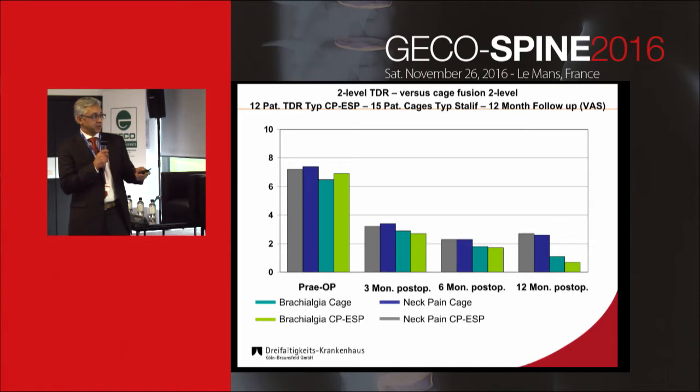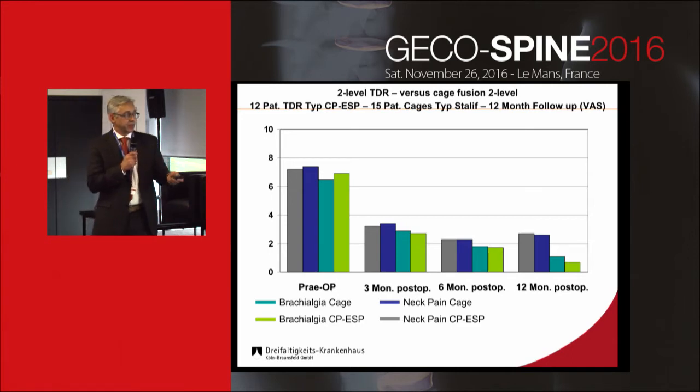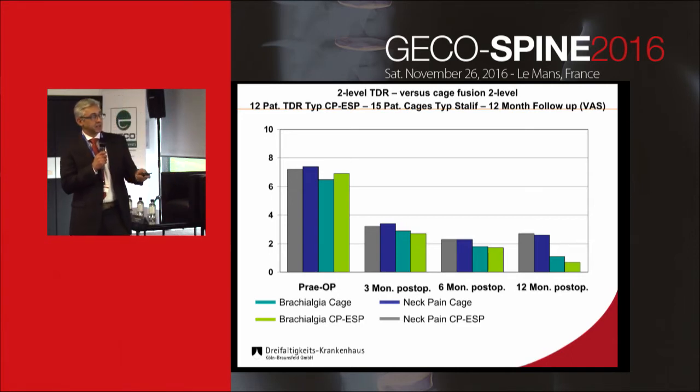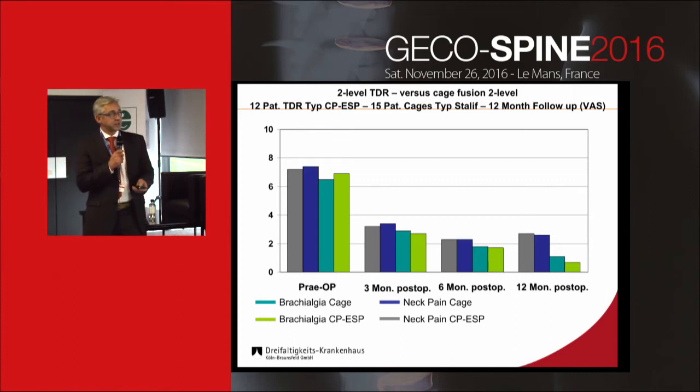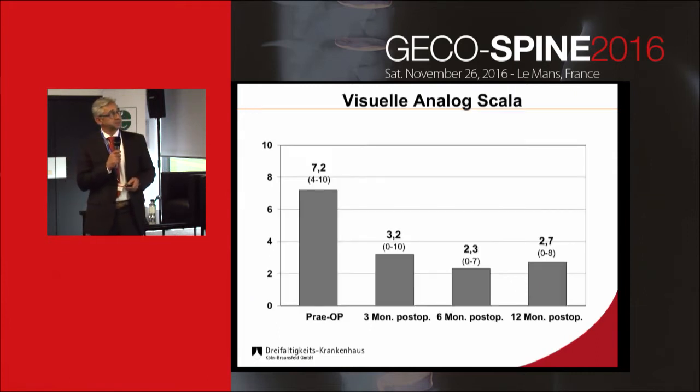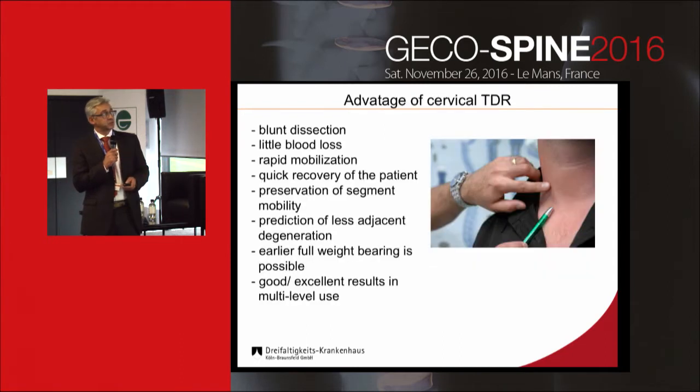And you see the brachialgia is getting less over time, very near to the cage fusion, but you prevent the motion in the adjacent segment. VAS is also going down from 7.5 to 2.7 after 12 months post-operation.